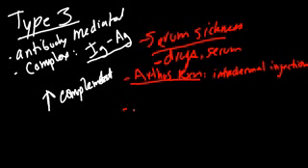And then lastly, we've got a couple other like list of things. So we can do systemic lupus, we can do rheumatoid arthritis. These are all type 3 hypersensitivities dealing with complexes.